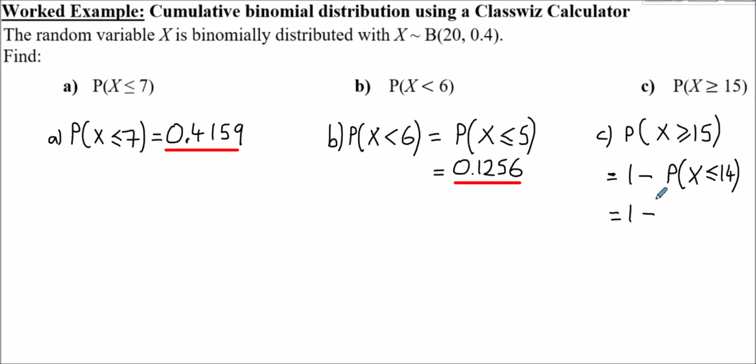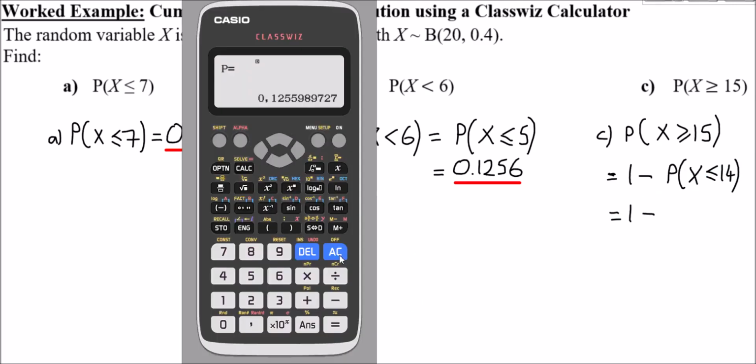So now we can work this one out. Press AC again. We're going to go to X being 14. Press equals and equals again. Here we get 0.9984.